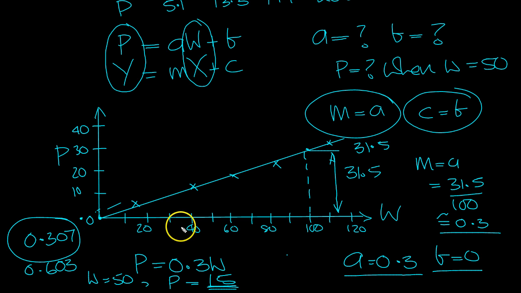But when you look at the context of the question, the effort P required to lift the load W, well, I would have put it through 0 anyway because of the context of the question. But they've actually just fitted it blindly to the closest fit and got a value of 0.603, which is small anyway. Okay.